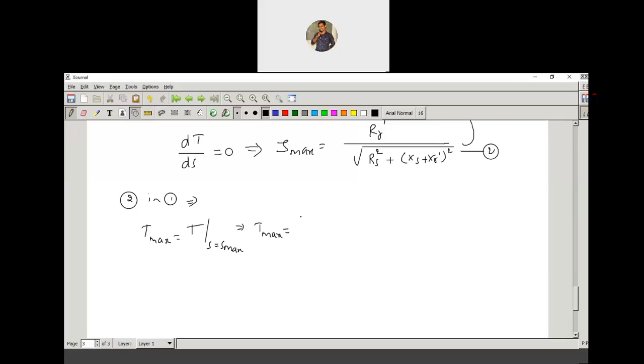So please do the calculations, I'm not doing them here. It is 3 by 2 times omega s, the synchronous speed, and voltage square V square over RS plus the root of RS square plus XS plus XR whole square.